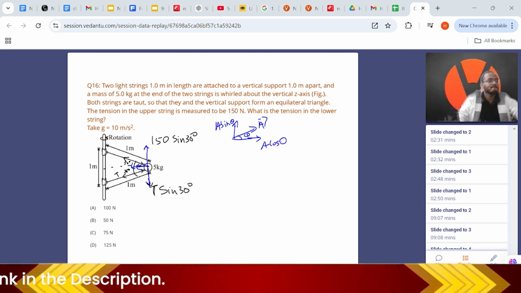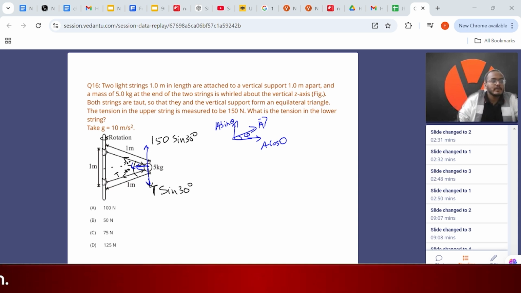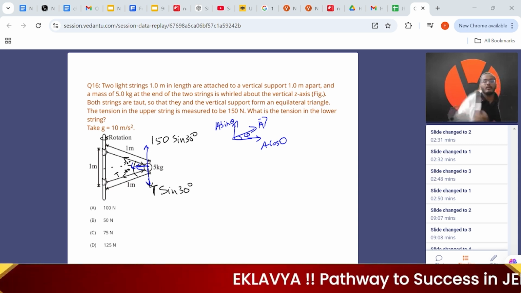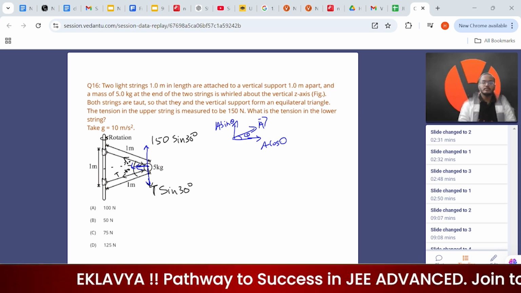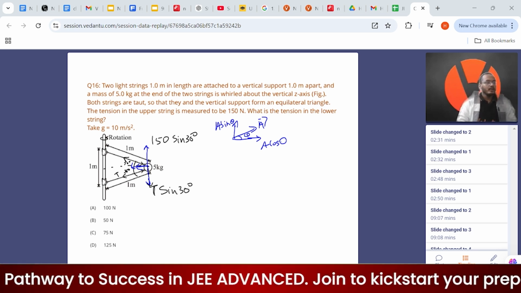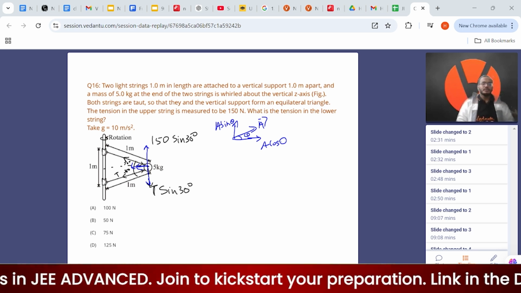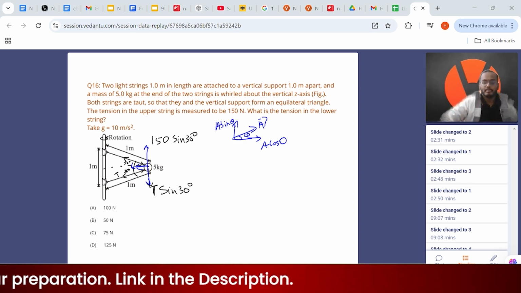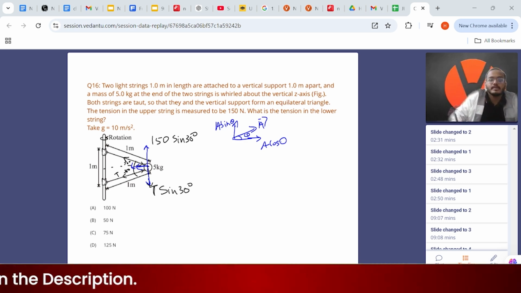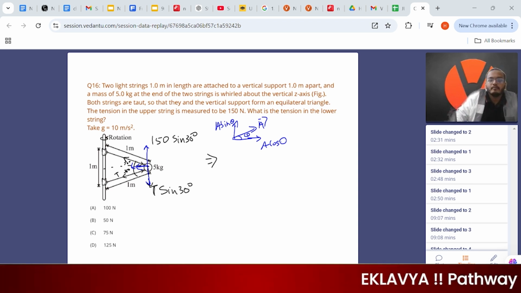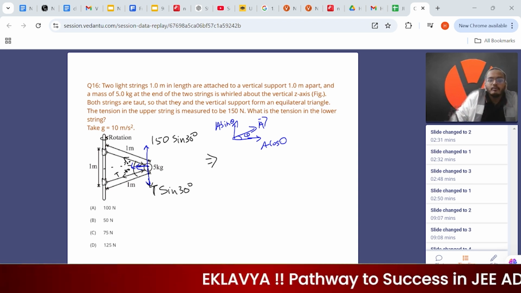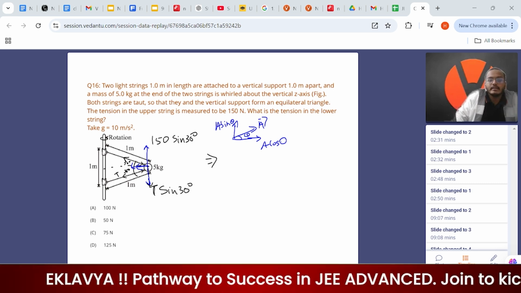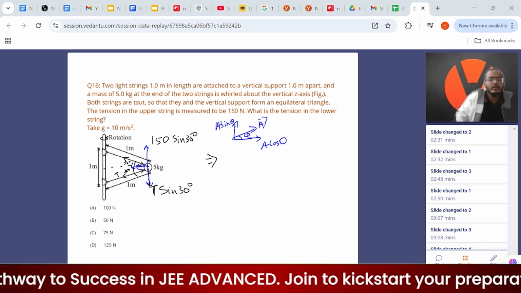Now from this perspective you can calculate the values. From here, below is T sin 30 degrees and above it will be 150 sin 30 degrees obviously.